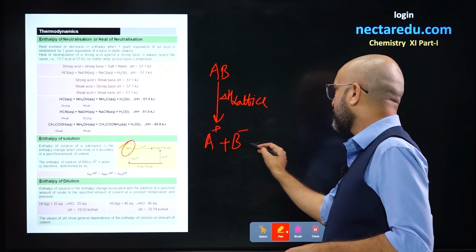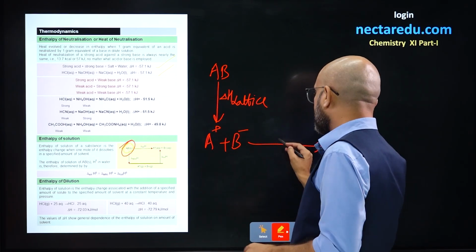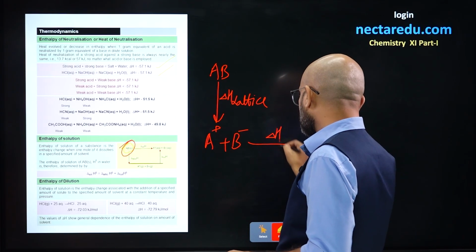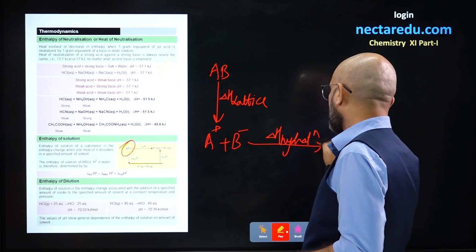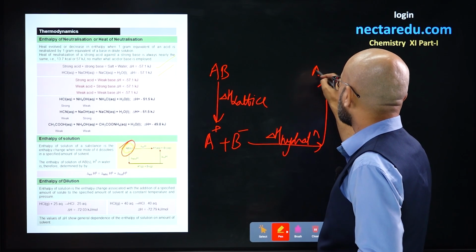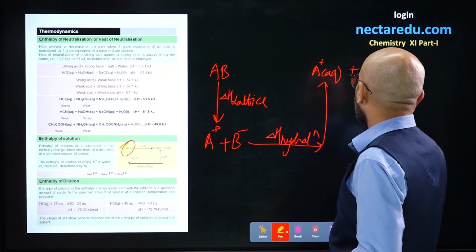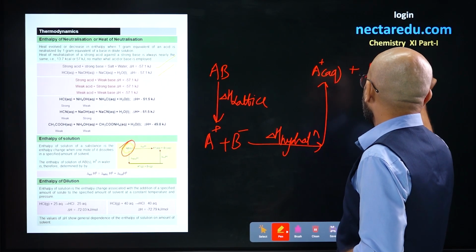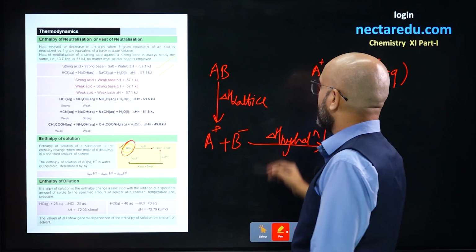Next, A plus and B minus will undergo hydration or solvation. The energy change in this process is known as enthalpy of hydration, and they will form A plus aqueous and B minus aqueous. So you can see two steps of the phenomenon are happening.